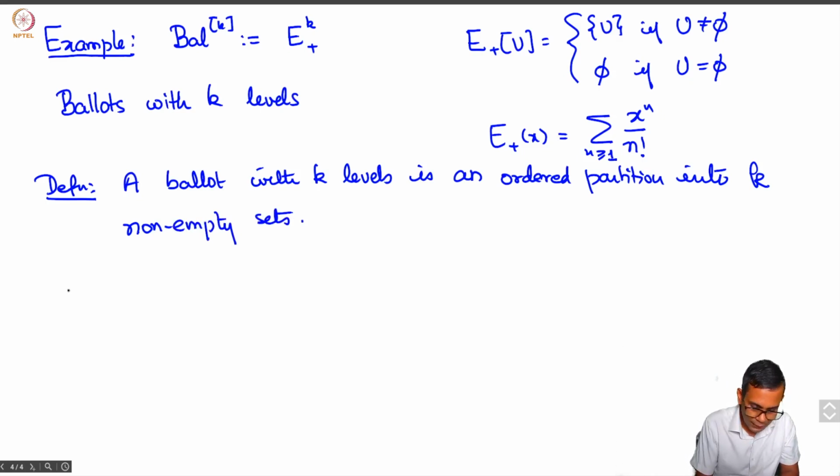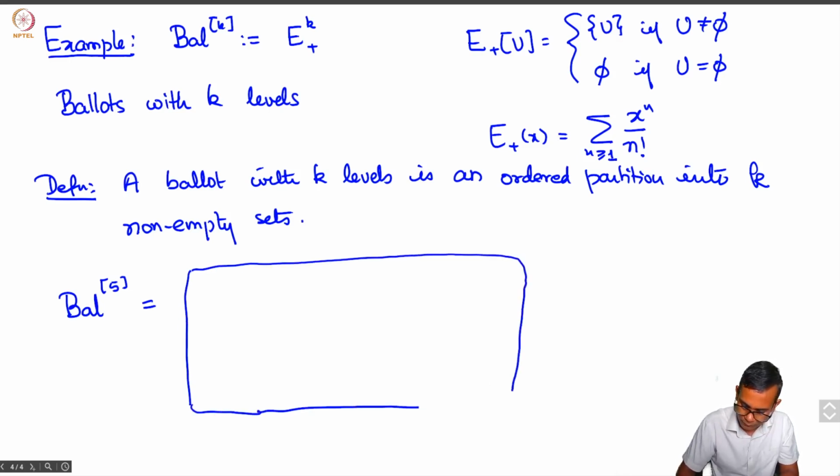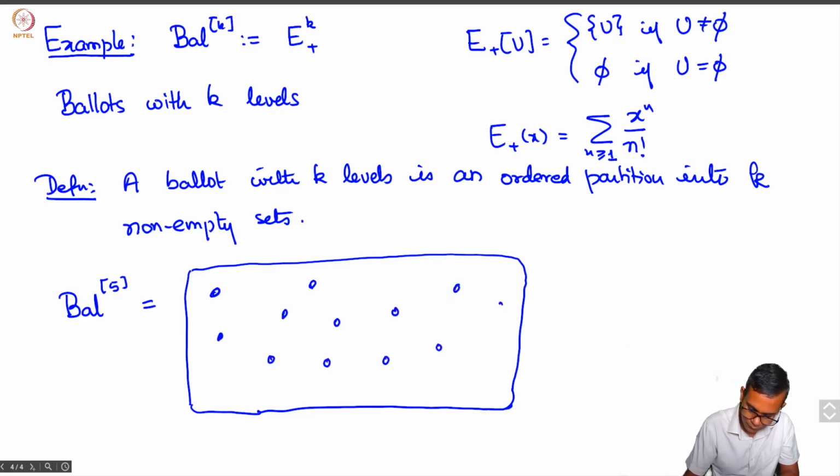Here's how you could visualize Bal_5. So you have a set and you will divide it into 5 parts, 5 levels, let's say.